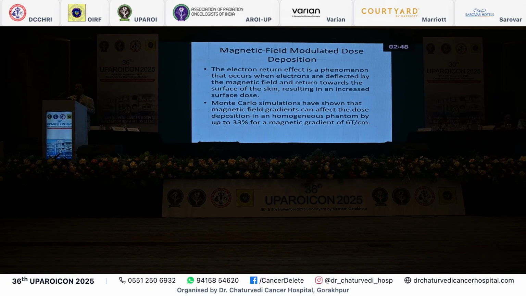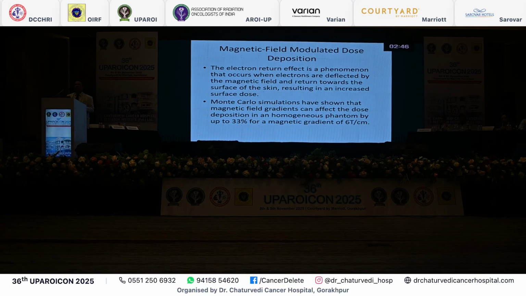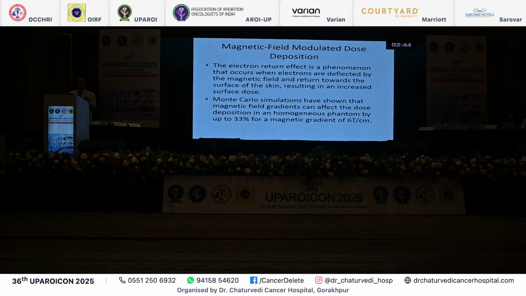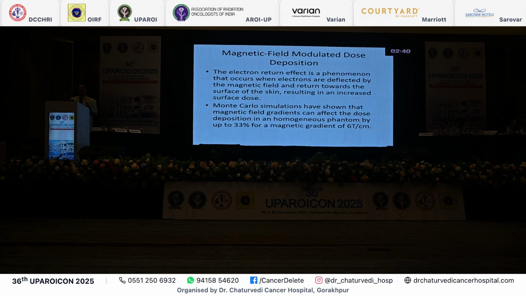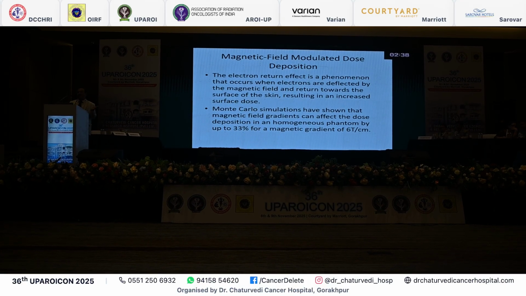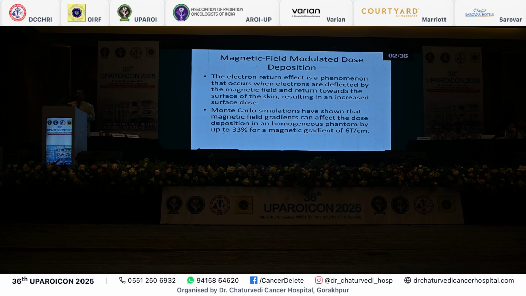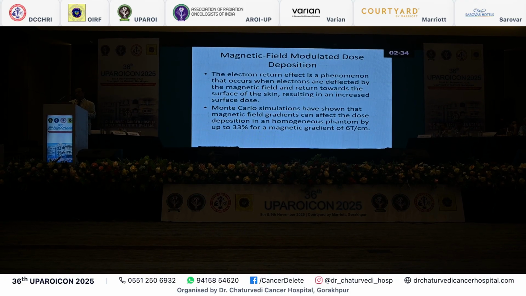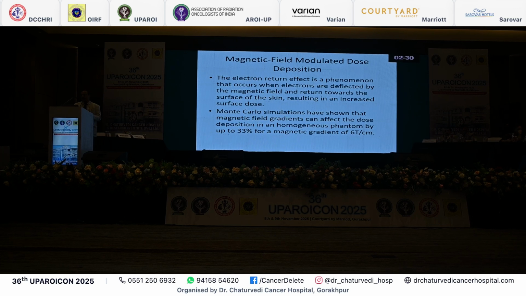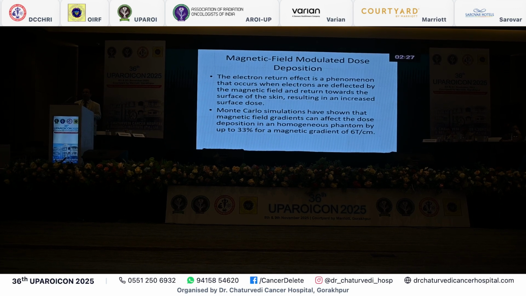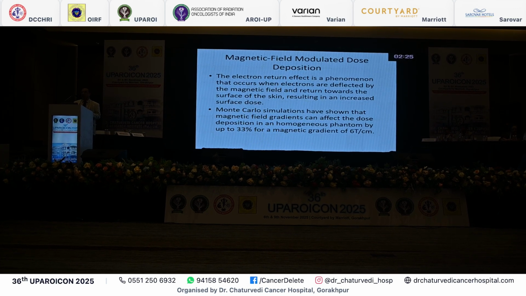So the skin surface dose is increasing. This abolishes our advantage of skin sparing with megavoltage radiotherapy. But in certain situations where we are treating superficial tumors, it can be beneficial. And these dose gradients are up to 30%. This is not a small number.